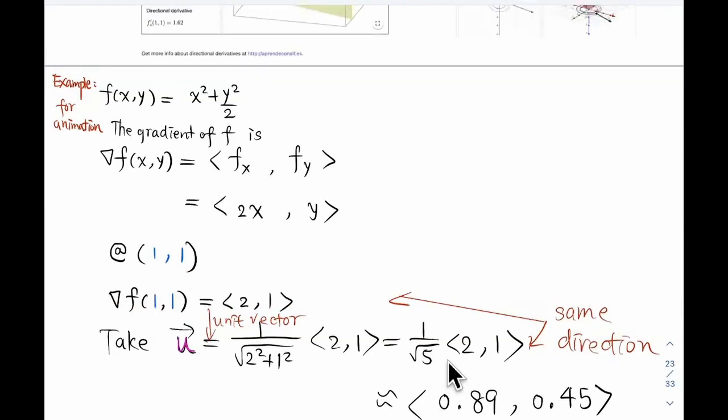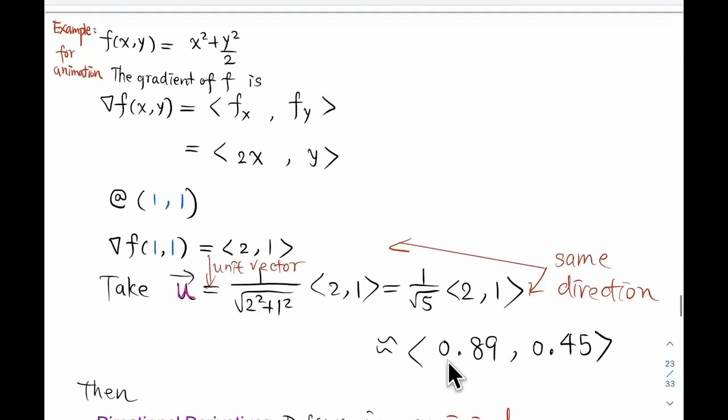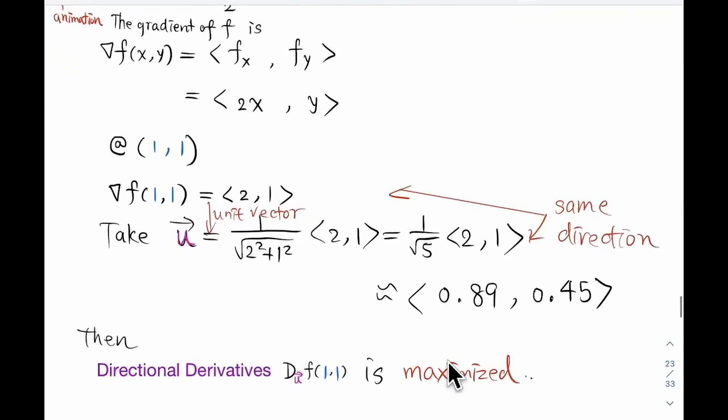If I try to maximize the directional derivative, then I will take the direction in the same direction as the gradient, right? But this gradient vector, so in the same direction as this. If I try to figure out the u, the unit vector in the same direction as this, I will need to take this vector and then divide by what?